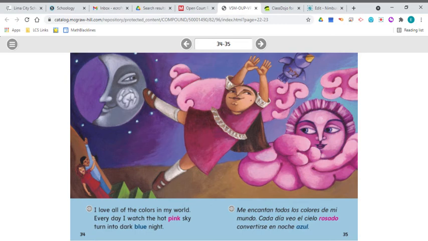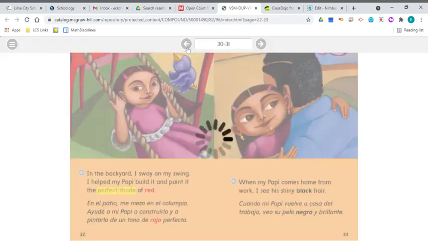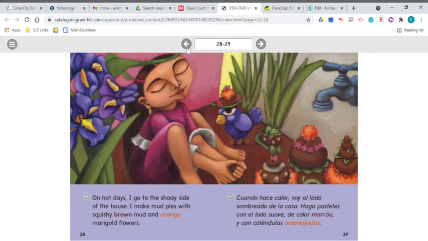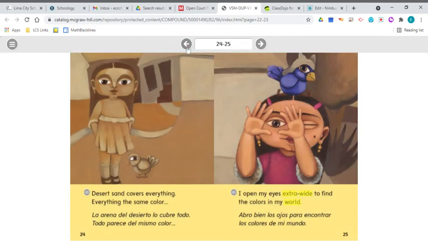All right. So let's take a look at some of the vocabulary words here. Let me go back and find. There it is. Now, the first word is going to be extra. And she says, I opened my eyes extra wide to find the colors in her world. So let's check out the word extra.